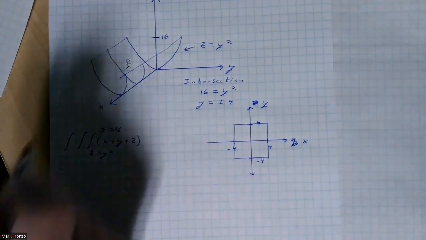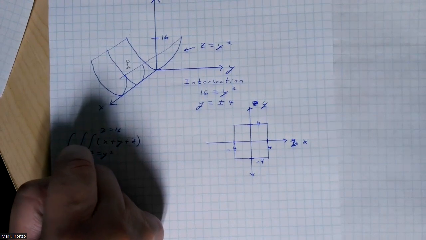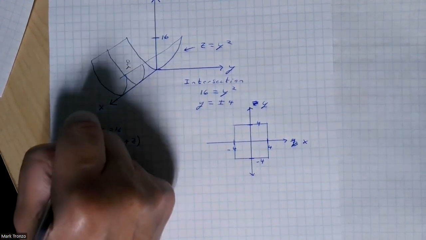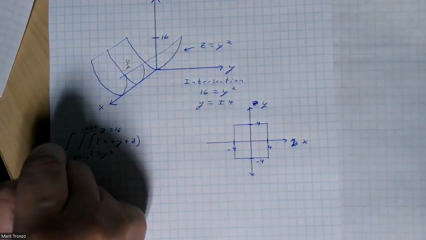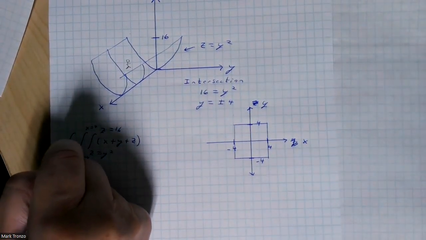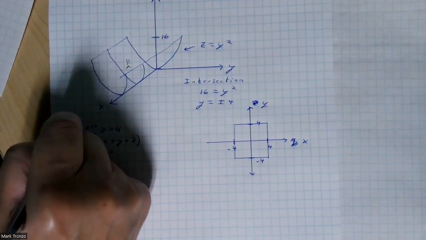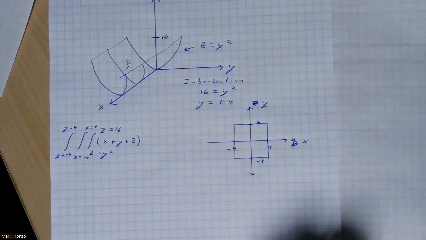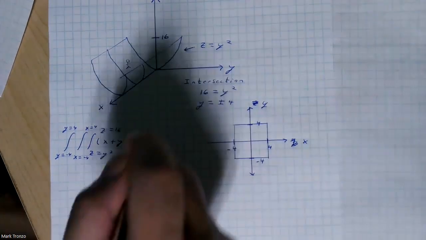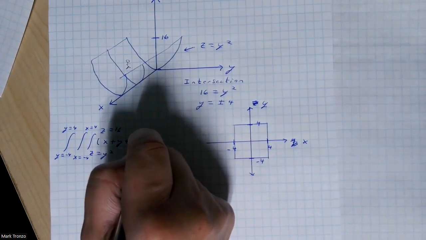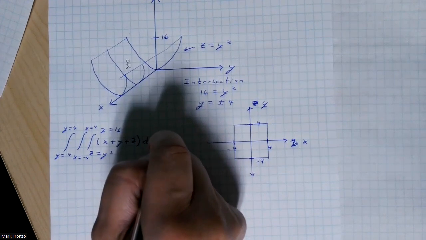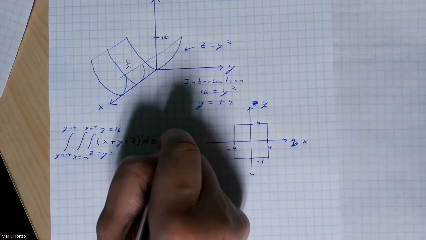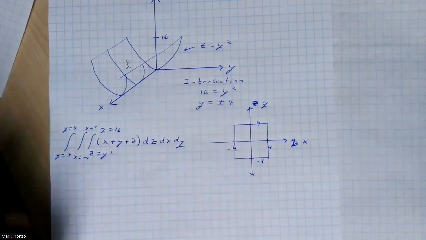And then x will go from -4 to 4, and y will go from -4 to 4. And then that'll be dz dx dy.